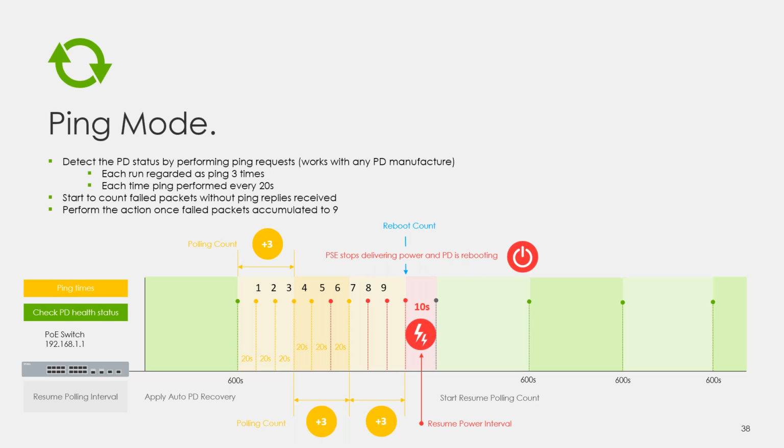Then we go into the resume power interval. So the device will be powered off for 10 seconds and powered back on after 10 seconds. And doing this as many times, once again, as you have set from the web GUI, and then resuming the monitoring for between 600 seconds intervals as normal. And yeah, very similar functions.